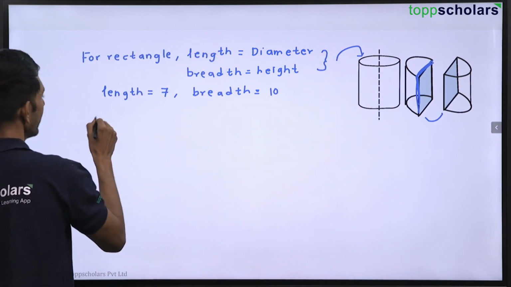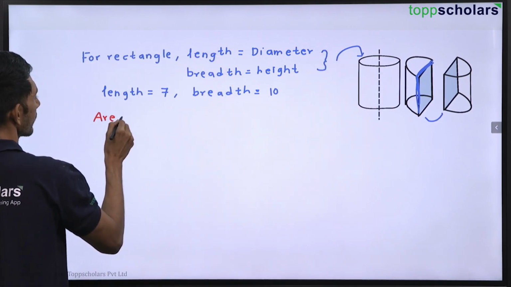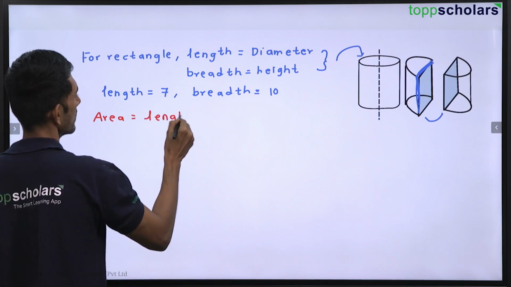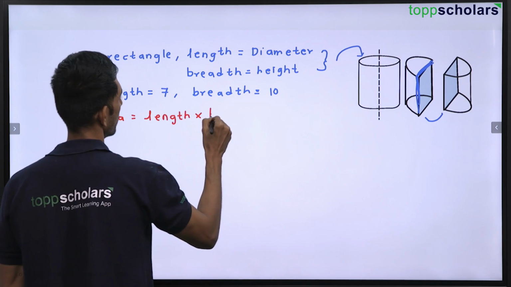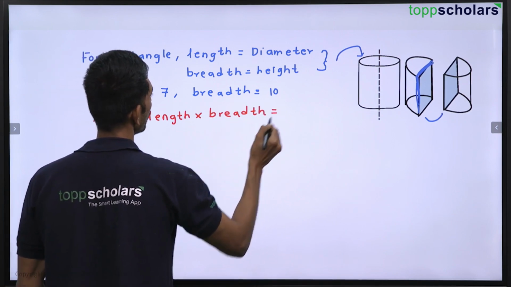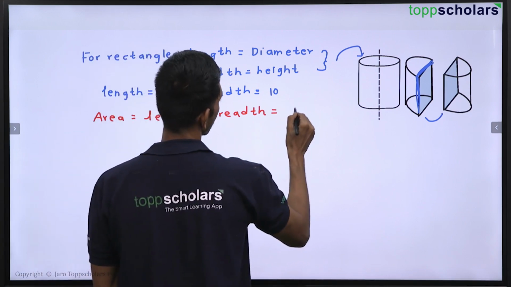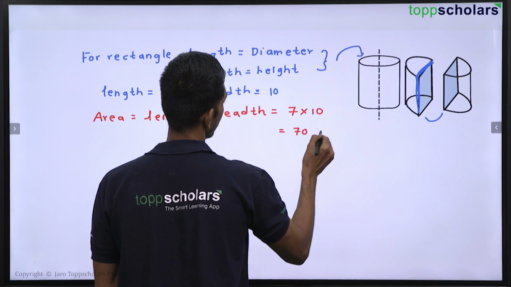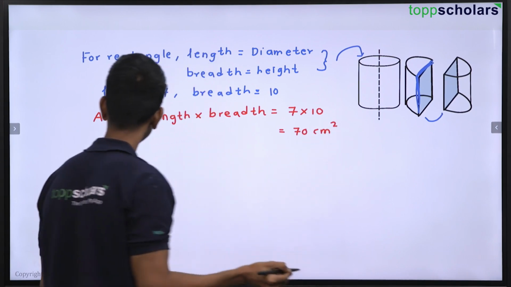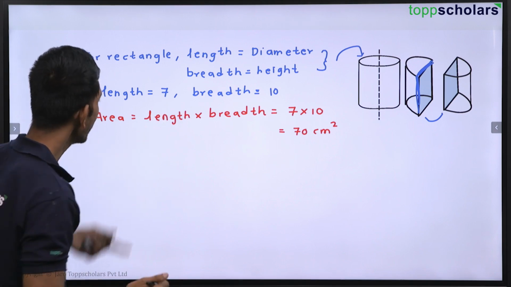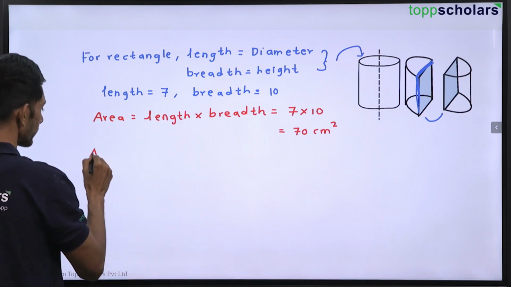So what will be the area? Can I say the area will be equal to length into breadth, right? That is 7 into 10, that is 70 centimeter square. So now what will be the area of two rectangles?